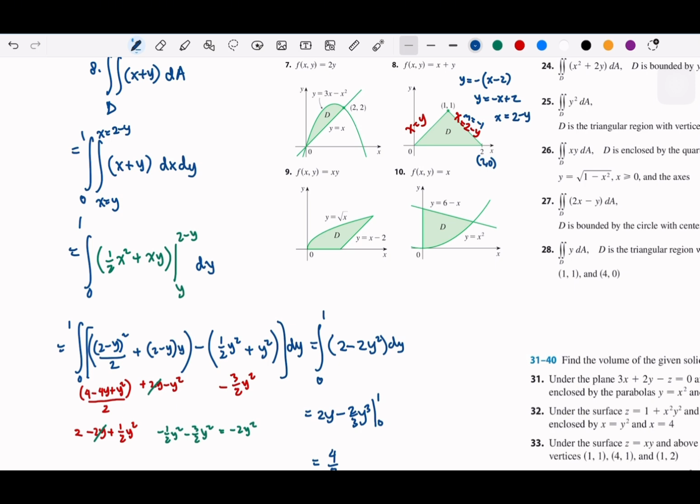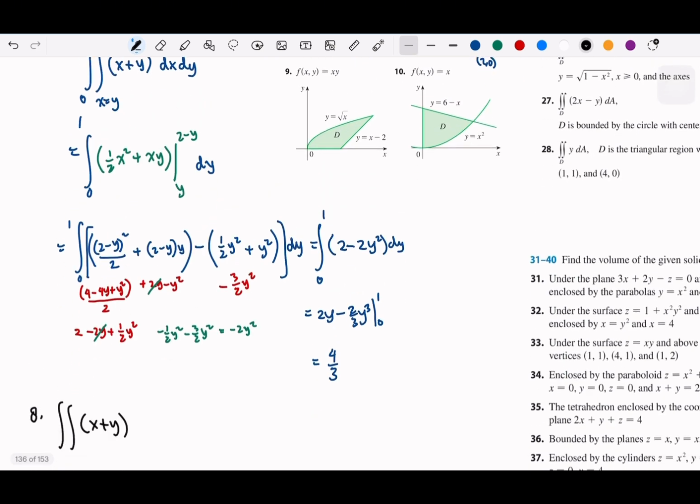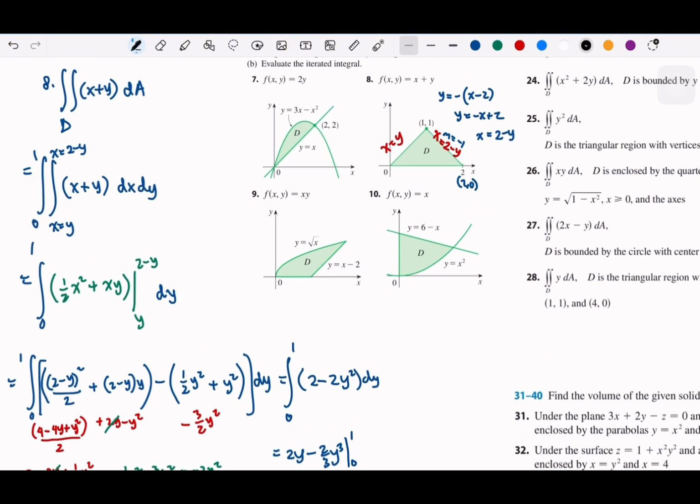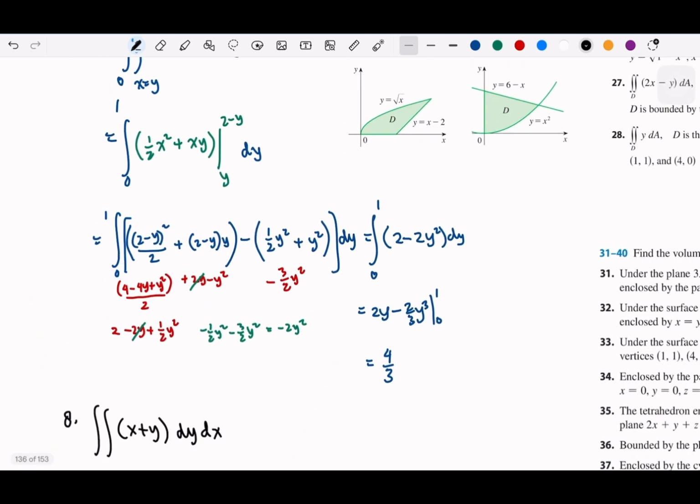Okay, if you would like to take it into dy dx, I think also possible. Let me write, but maybe you need to split the double integral. Suppose that you want to write dy dx like this. If you see this graph here, let me copy and write here.